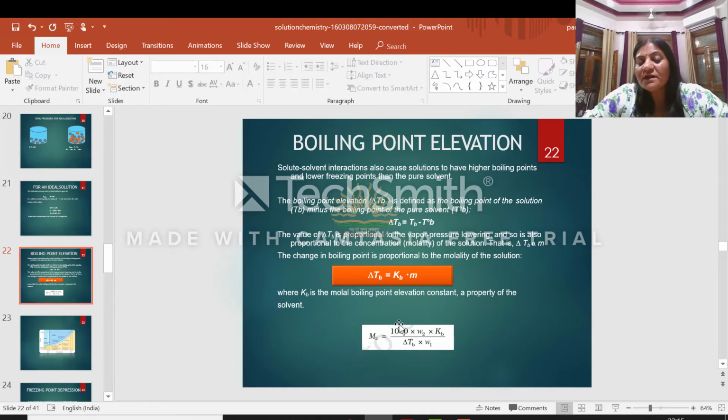In most numericals, you will use this formula. The molar mass of the non-volatile solute can be calculated by the boiling point elevation equation.